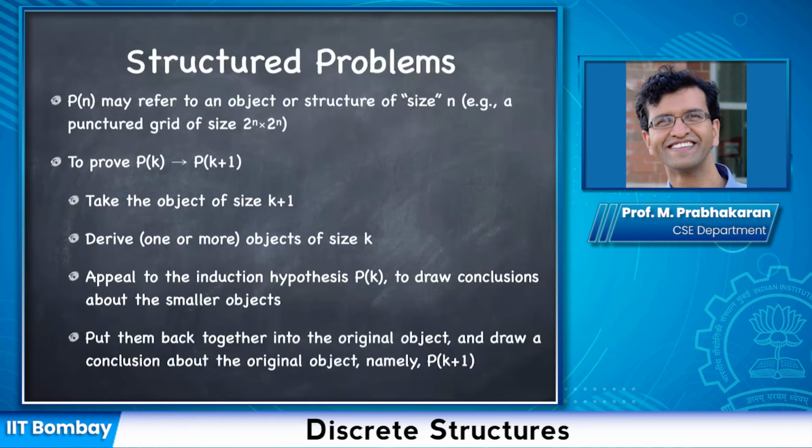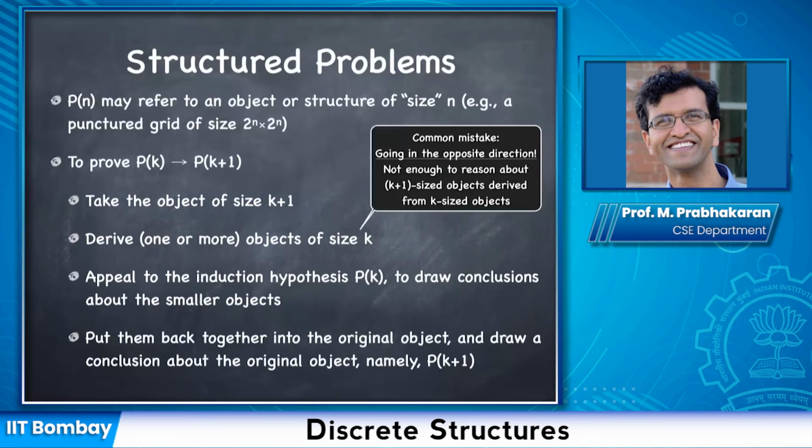So the important thing here is that you had to take an arbitrary object of size k plus 1. Because remember, you're trying to prove that some property holds for every object of size k plus 1. And a very common mistake is, instead of taking an arbitrary object of size k plus 1 and breaking it down into objects of size k, a fallacy is to go in the opposite direction.